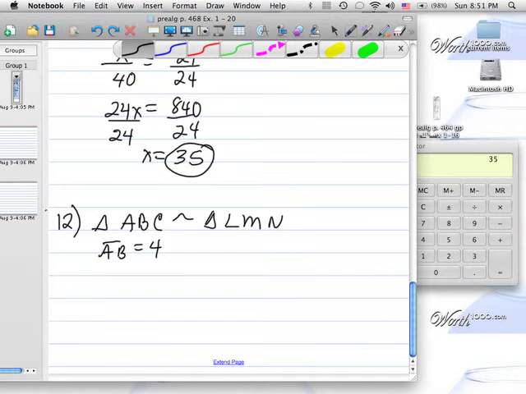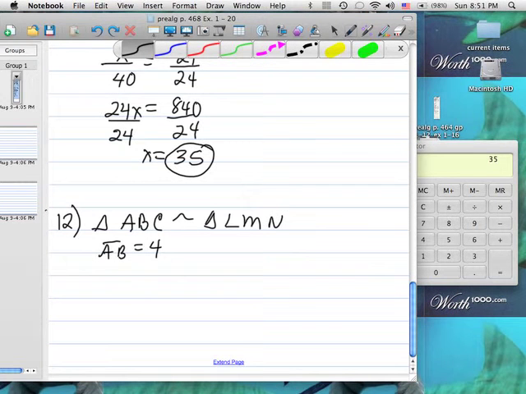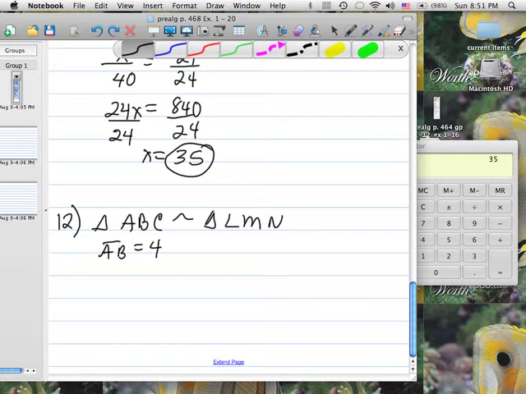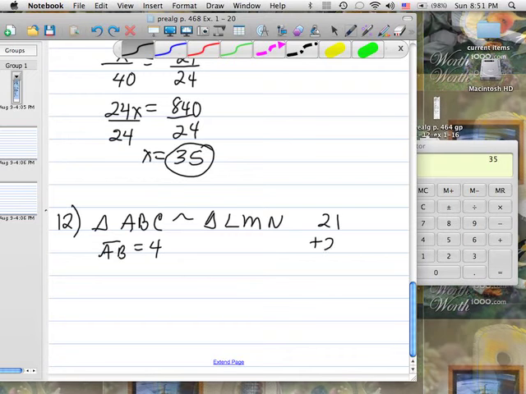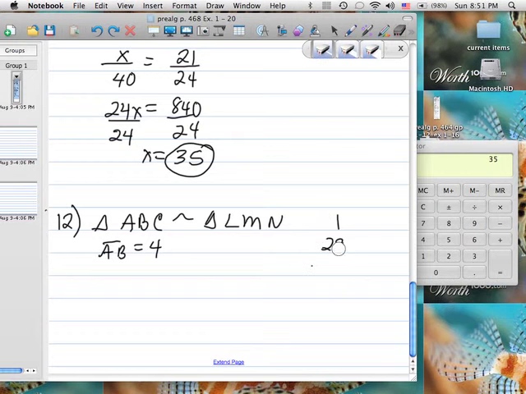Well, triangle LMN, its perimeter turns out to be, let's see, 21 plus 28 plus, well, let's just draw the shape and then it might be easier to figure out the answer to this problem.